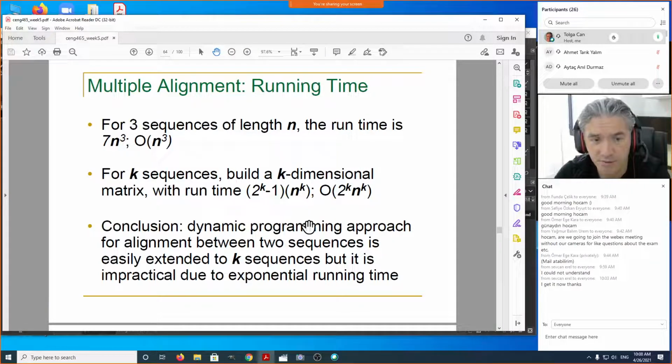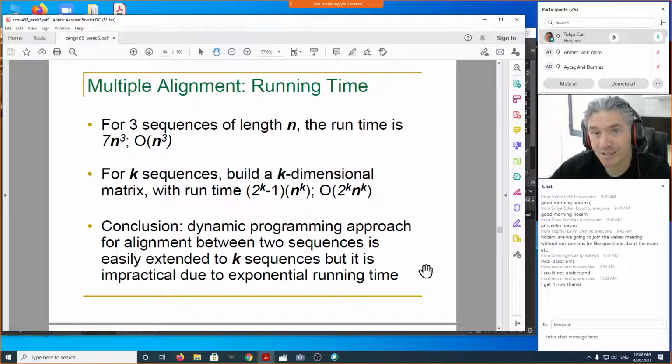But anyway, multiple sequence alignment may be a difficult problem, but do we just say, let's not solve this problem then? No. As with other difficult problems, what we do is develop heuristics or approximation algorithms.